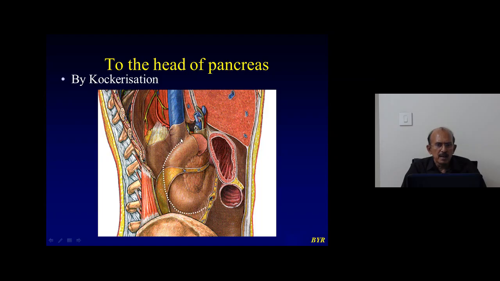What you do then is make a convex incision in the peritoneum along the convex border of the duodenum. Once inside the peritoneum, you can pass your fingers behind the duodenum. Only loose areolar tissue will be there. So in this loose areolar plane, you can separate the duodenum from the retroperitoneum, and you can dissect up to the neck of the pancreas behind.